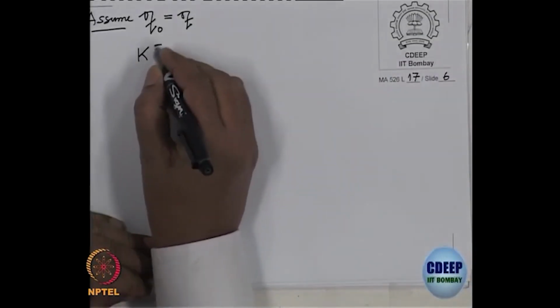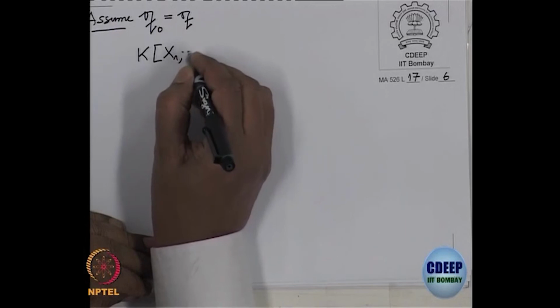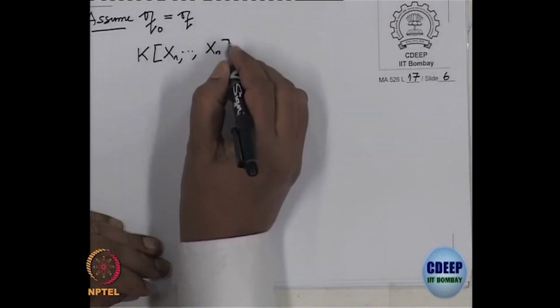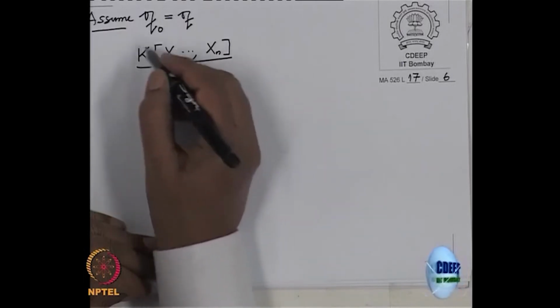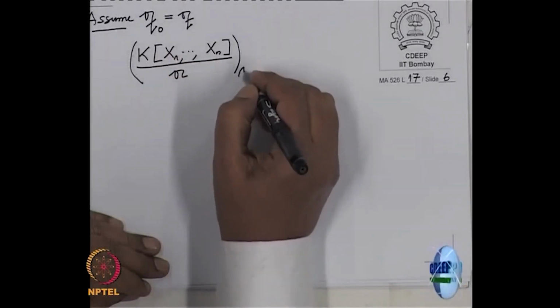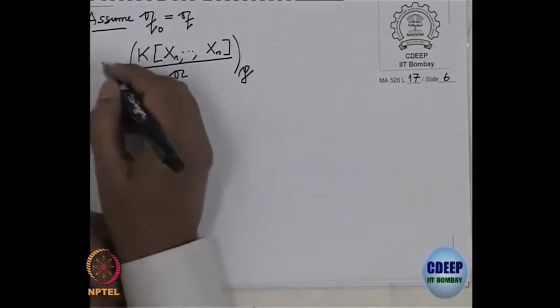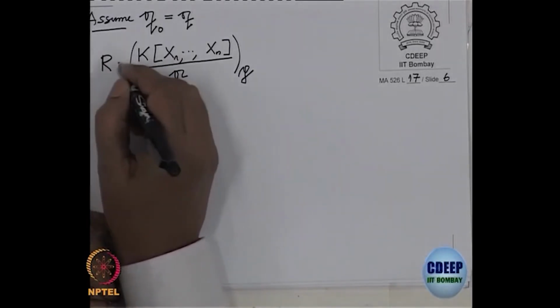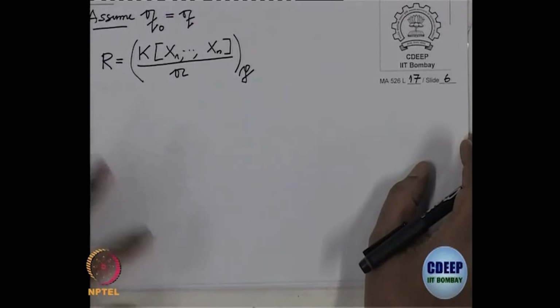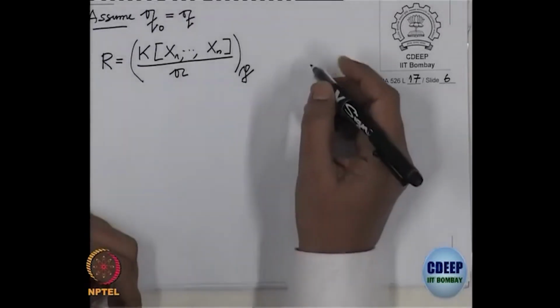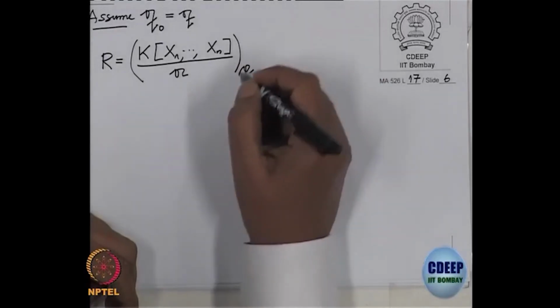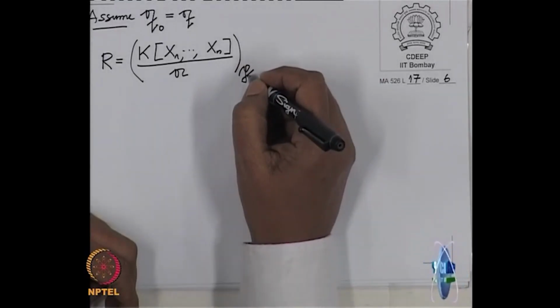In this case, we are looking at the ring K[x1, x2, ..., xn] mod the ideal, and then we are localizing at P, and we are debating whether this ring, which is a local ring, is regular or not.